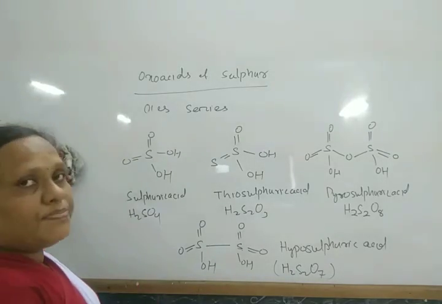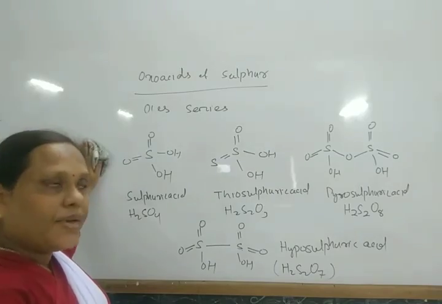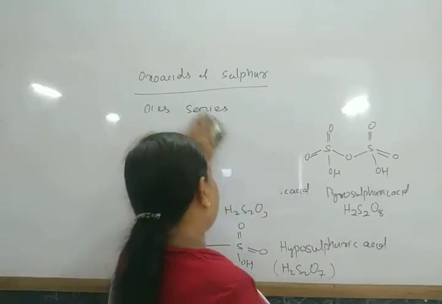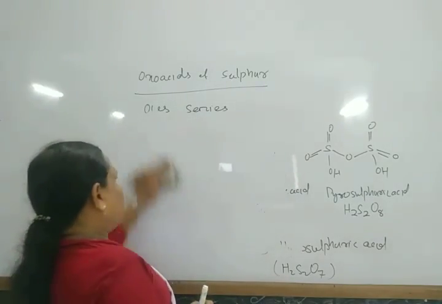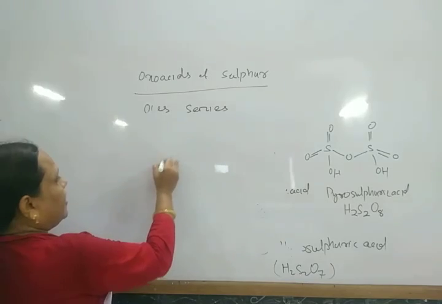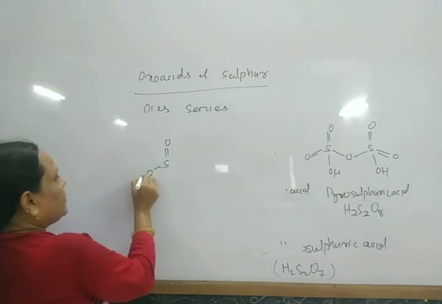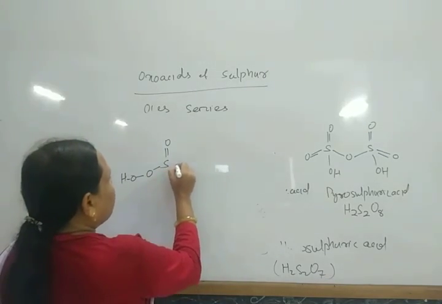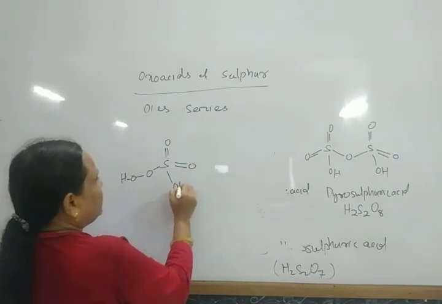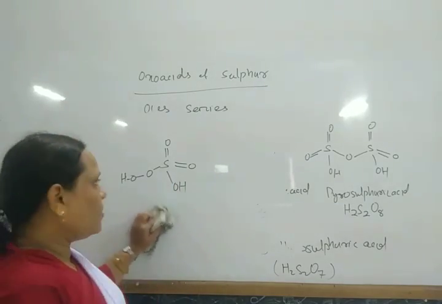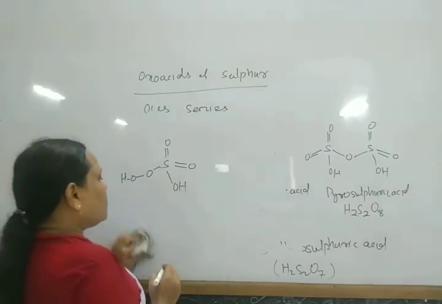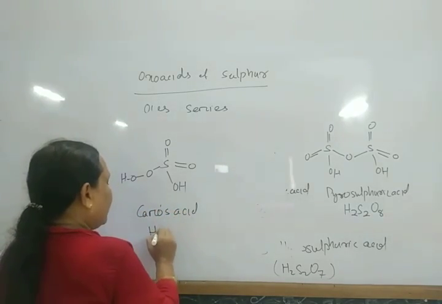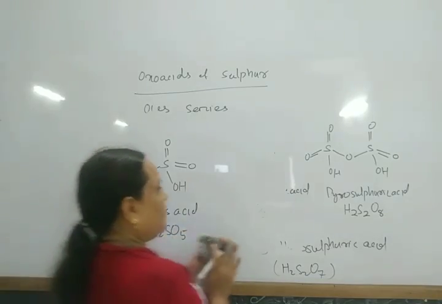It also forms another type of oxoacids that are known as peroxysulfuric acids. One is peroxymonosulfuric acid and the other is peroxydisulfuric acid. In peroxymonosulfuric acid, the structure is S double bond O; instead of the oxide bond there is a peroxide linkage, and all other things are the same, that is OH. This is peroxymonosulfuric acid, also known as Caro's acid, H2SO5.